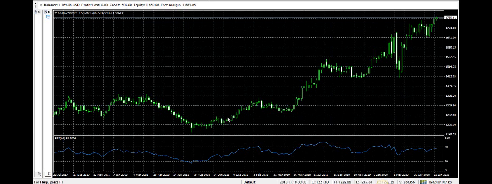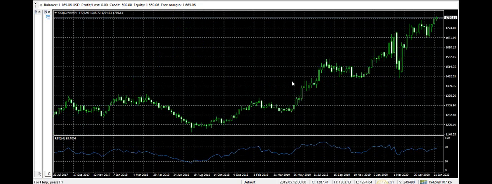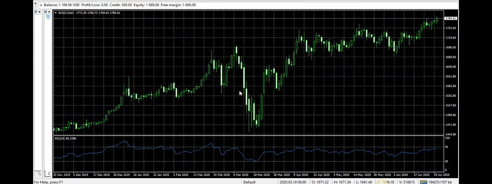Anything 70 and above is considered overbought. 65 is getting there. So we're very overbought on the monthly. We're pretty overbought on the weekly, and we're going up. We're pretty strong. And then on the daily, we're at 66, and overall, yeah, we still are showing strength. We rejected a move down and keep going up.